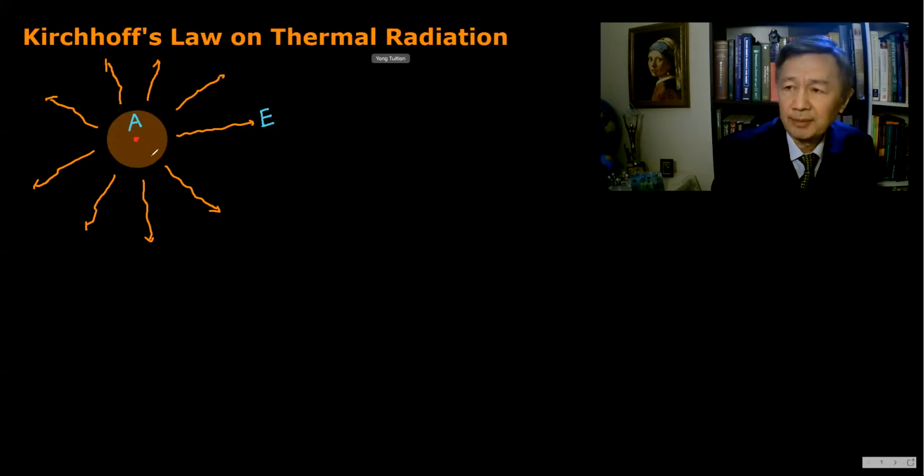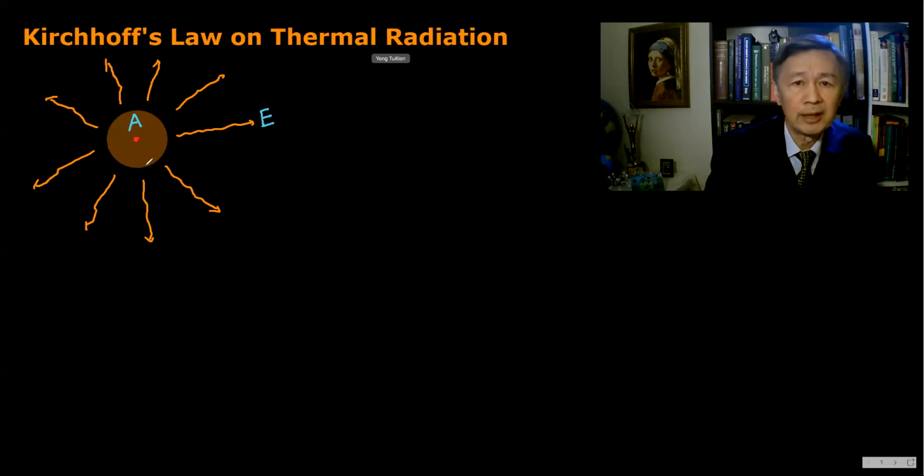At that point, you can apply another basic law called the Stefan-Boltzmann law, in which the intensity of radiation is proportional to the temperature of the body. But today we are not talking about the Stefan-Boltzmann law.